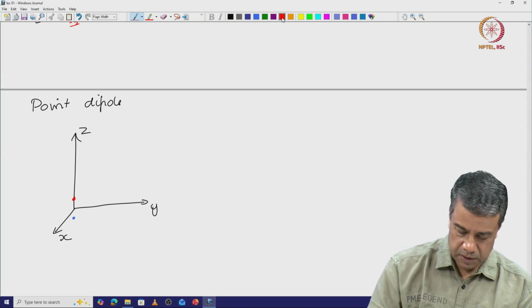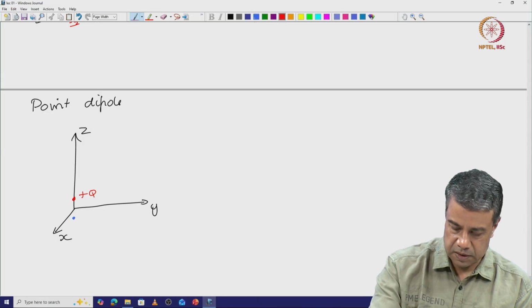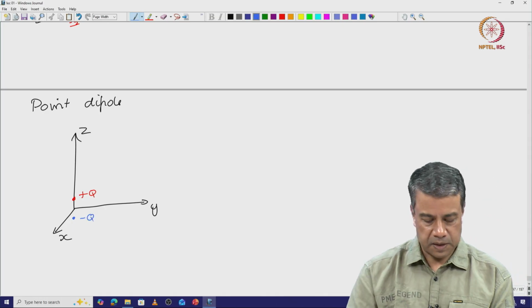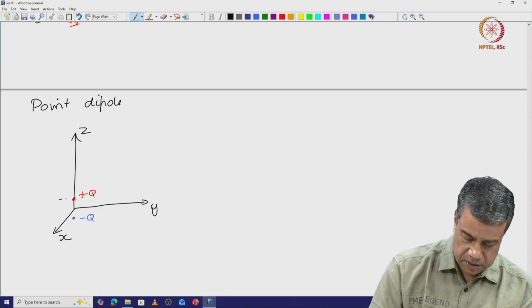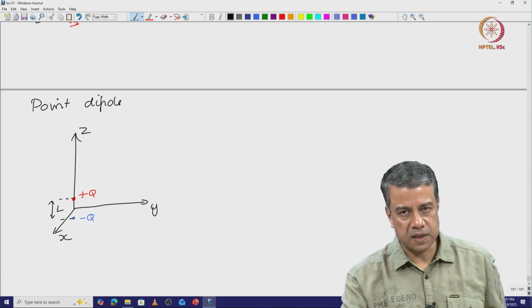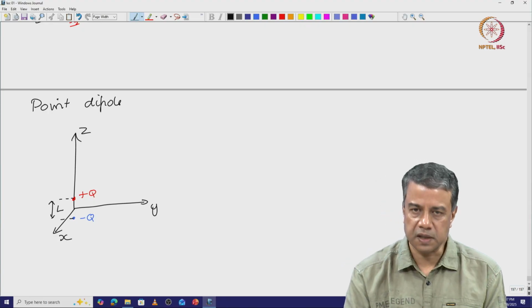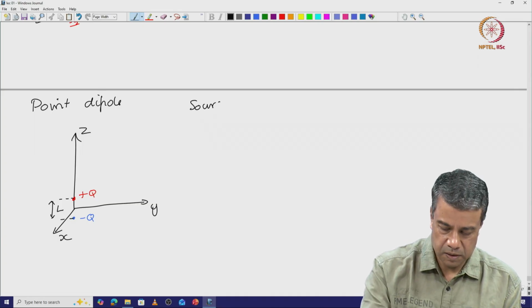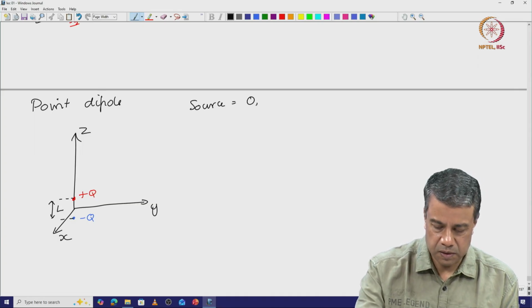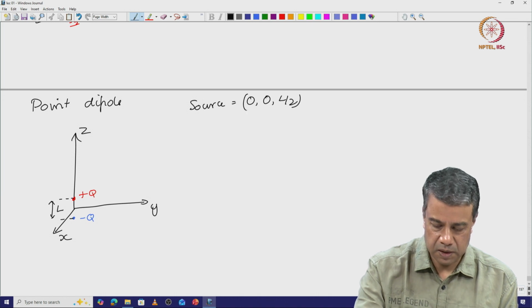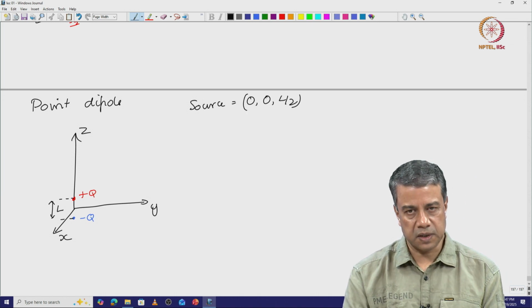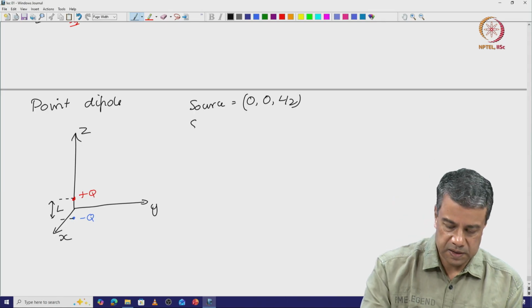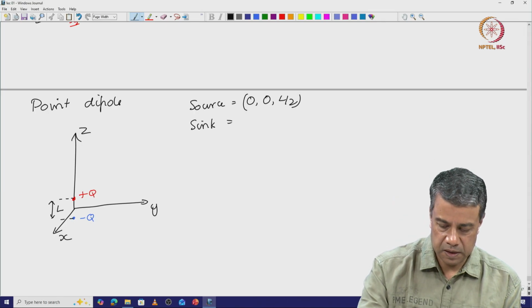This is plus q and this sink is minus q, separated by a distance L. A source and sink, plus and minus q, separated by a distance L. So, the source location is at 0, 0, L by 2. X is equal to 0, y is equal to 0, z is L by 2, and the sink is at 0, 0, minus L by 2.